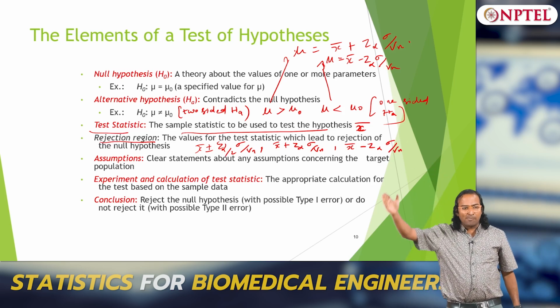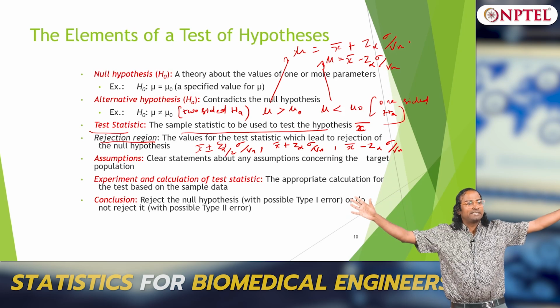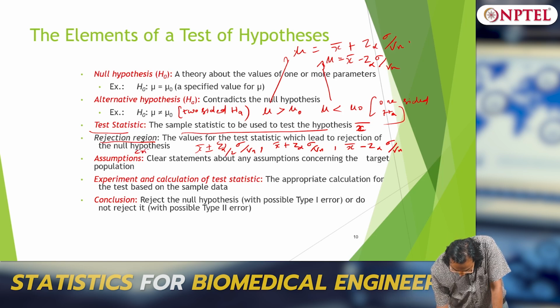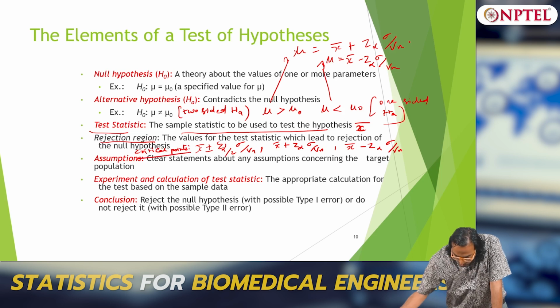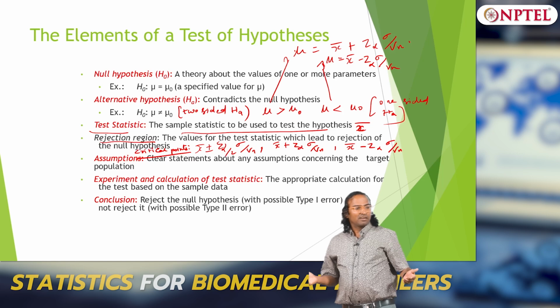This is the critical point, beyond which it is the rejection region. Beyond which you start rejecting, clear.